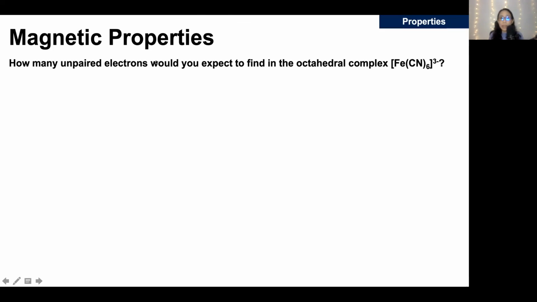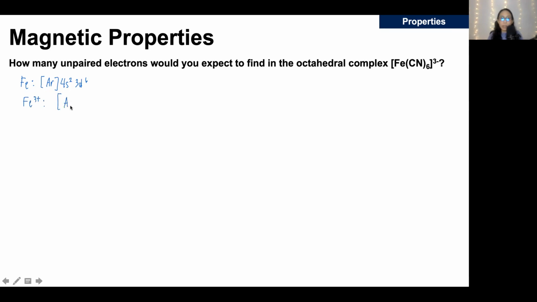So if you look at the shortened electron configuration of iron, we can write argon. This is the shortcut: we write the symbol of the nearest noble gas. So that's argon 4s2 3d6.